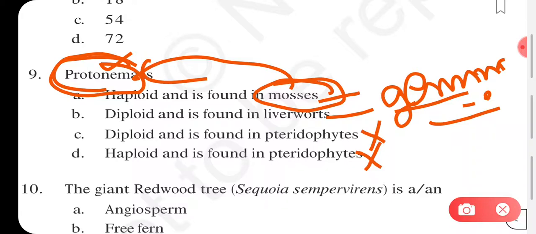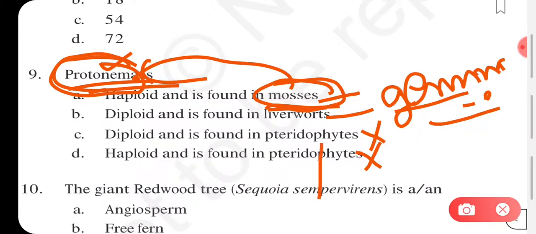If they are reproducing by sexual reproduction, the sporophytes are formed, which will differentiate their body into foot, seta, and capsule. The capsule will contain spores which are produced by meiosis. So protonema, you need to remember, is present in mosses. That is the first stage. And where do we find these mosses and liverworts? We mainly find them in hilly areas where there is moisture and shade.